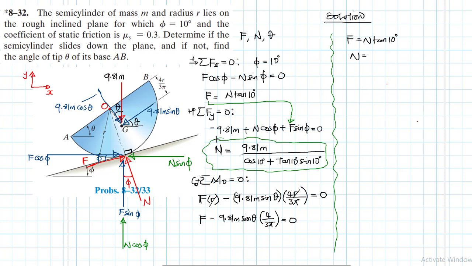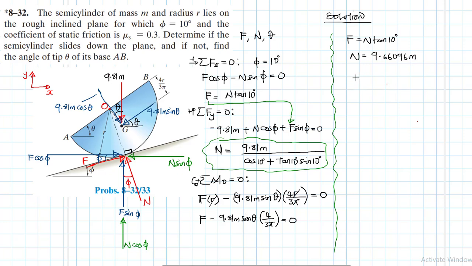So we have 9.81 divided by, first, cos 10 degrees plus tan 10 times sine 10, then 9.81 divided by answer. So we have n equal to 9.66096. I just want to make it a little bit longer so that I don't lose the accuracy.